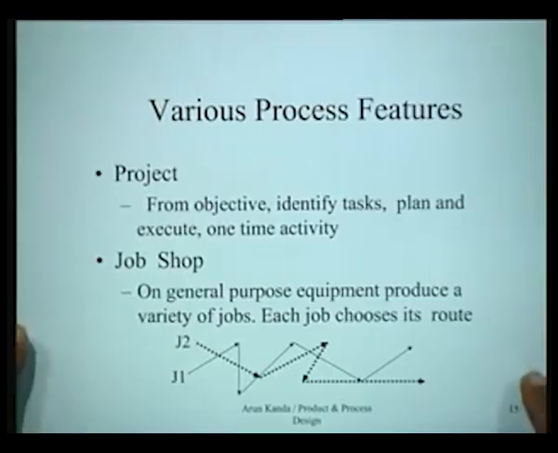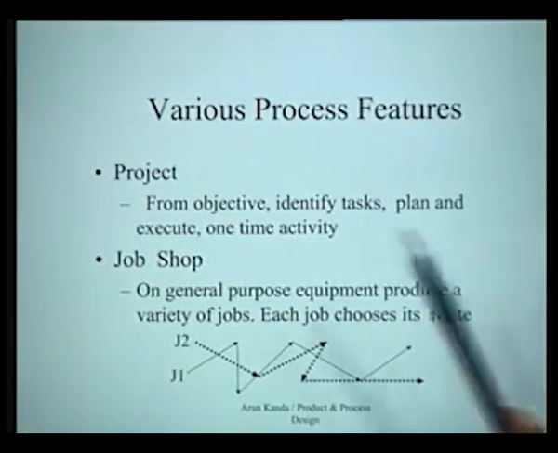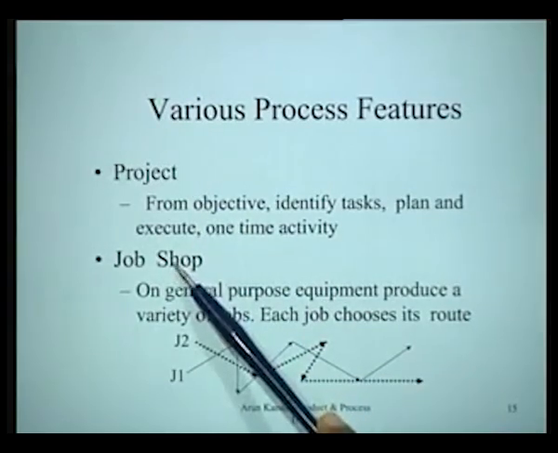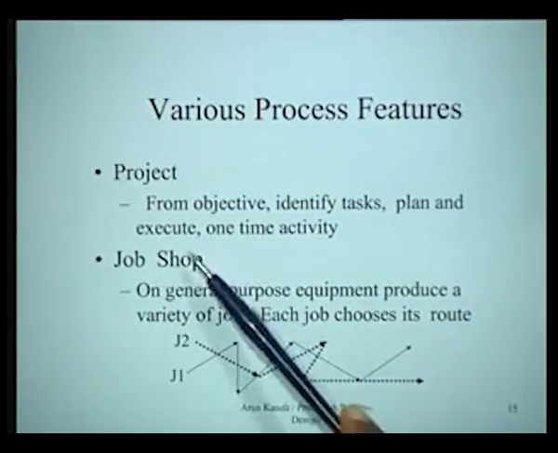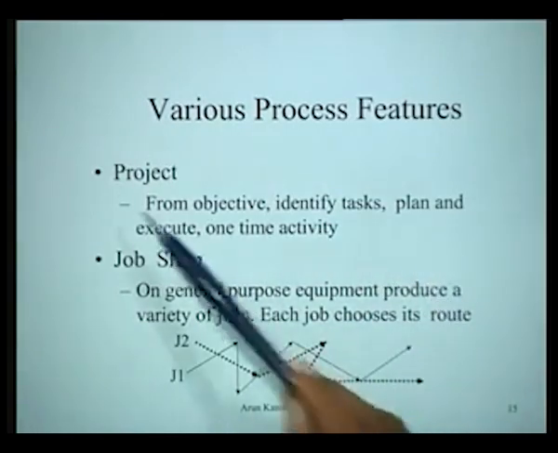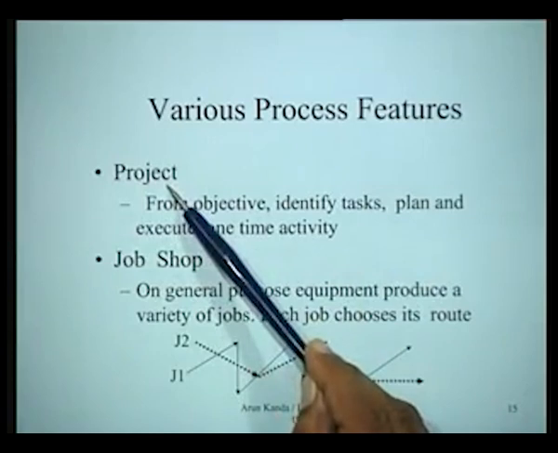Since we are talking about process design and talking about the various process features, although we have already tried to mention some of the basic features of various processes, nevertheless it's worthwhile to look at the various important processes which occur in real life and see what are their features. For instance, the first kind of feature is a project, which is generally an ad hoc thing.